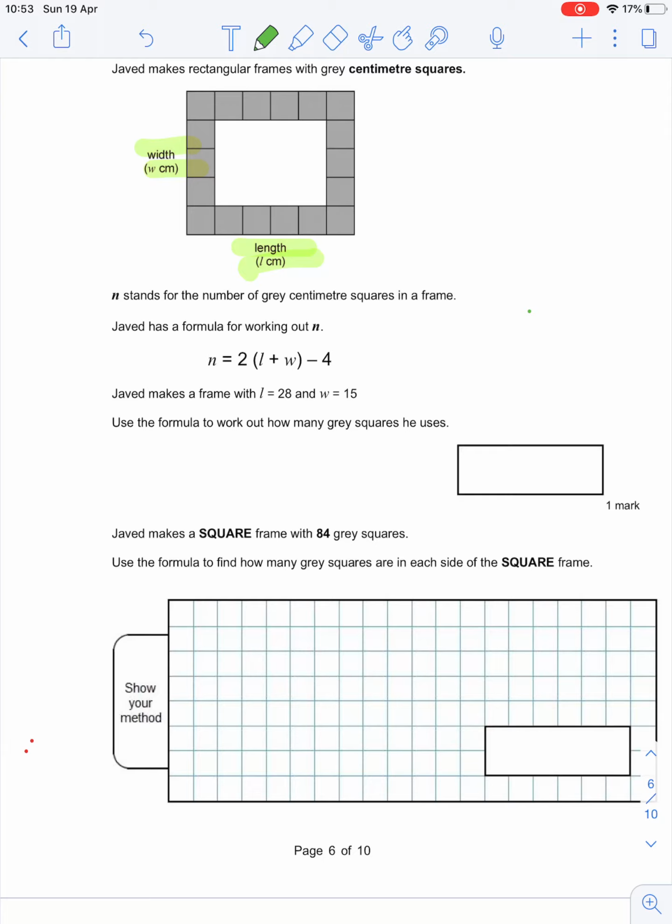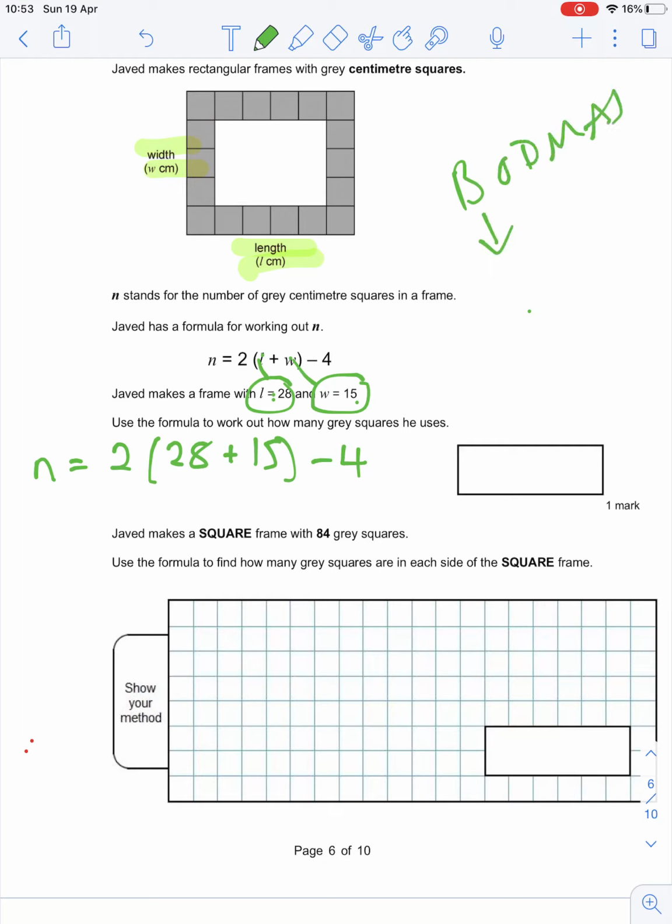So Javid makes a frame with L of 28, length of 28, and W, width of 15. How many grey squares do you use? Well, that's easy because we're just going to put those numbers into the equation. So N equals 2 times 28 for length, add 15 for the W, take away 4. We know from BODMAS that we do brackets first.